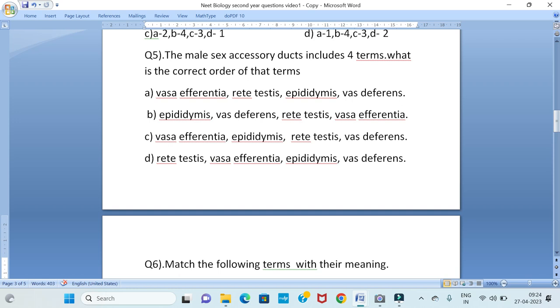So the answer is D. Rete testis, vasa efferentia, epididymis, vas deferens.